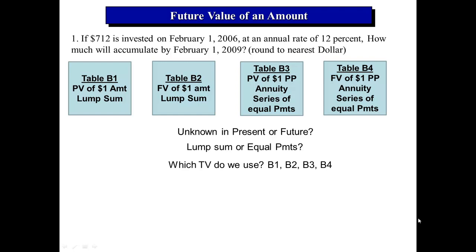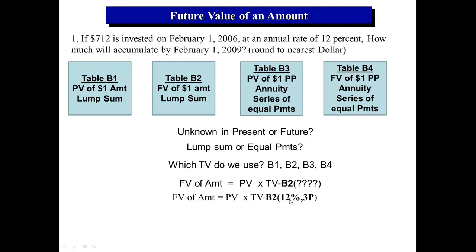The formula is that the future value of an amount is equal to the present value times this table value, based on an interest rate of 12% and a number of periods of 3. So let's plug in what we know.